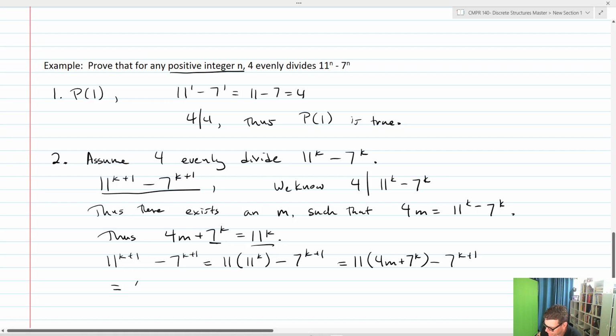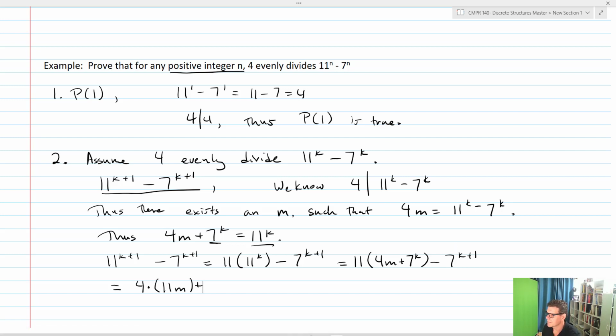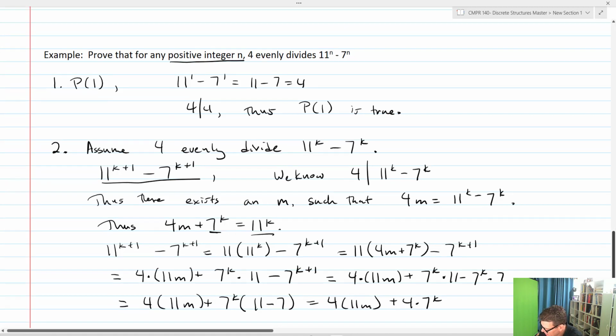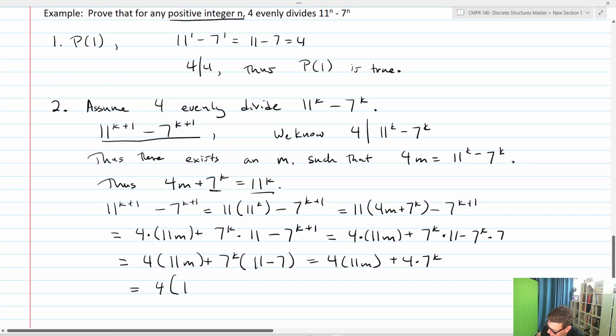And now I've got 4 times 11m plus 7 to the k times 11 minus 7 to the k plus 1, which is equal to 4 times 11m plus 7 to the k times 11 minus 7 to the k times 7, which equals 4 times 11m plus 7 to the k times 11 minus 7, which is 4 times 11m plus 4 times 7 to the k, which is 4 times 11m plus 7 to the k.